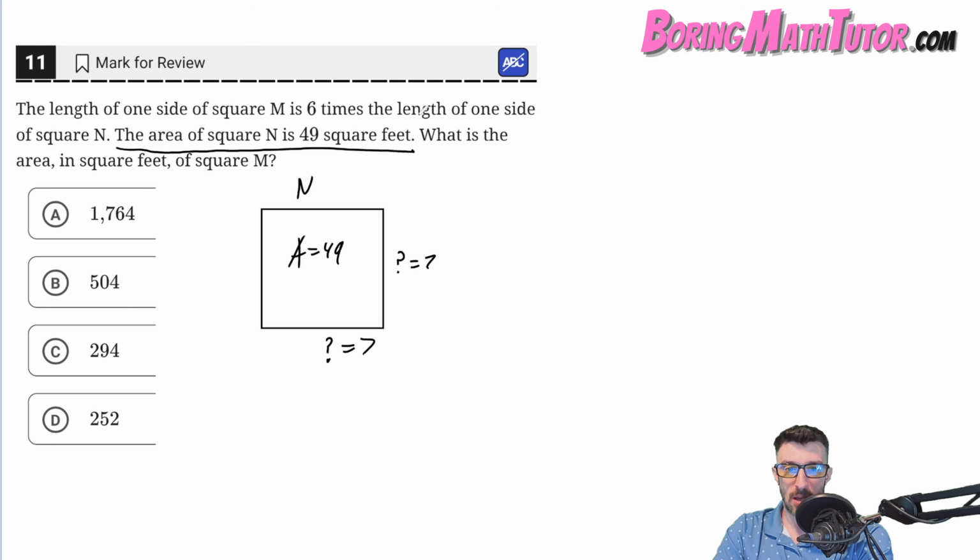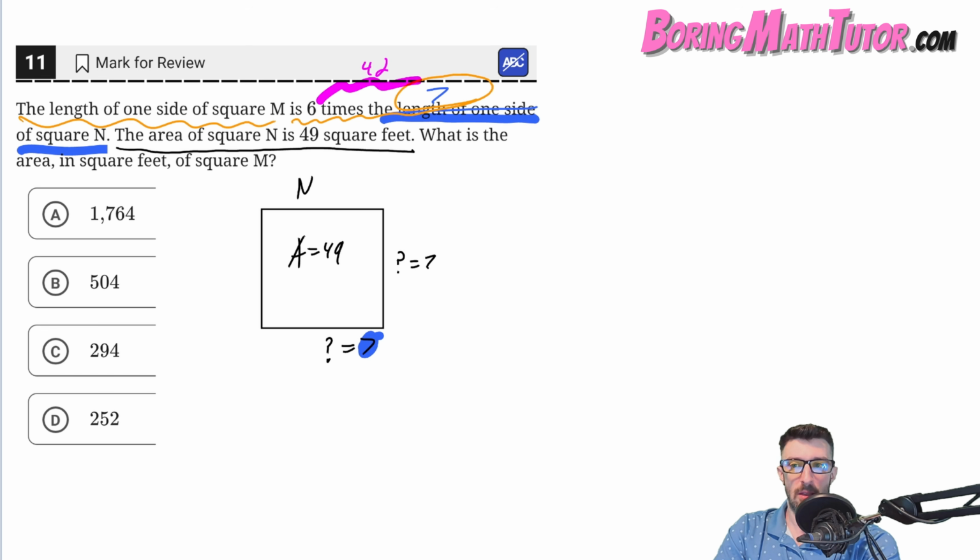So when they're talking about the length of one side of square N, well, we already know that that is 7. So when I reread this, they say the length of one side of square M, well, that is going to be 6 times 7. But what is 6 times 7? 6 times 7 is 42.